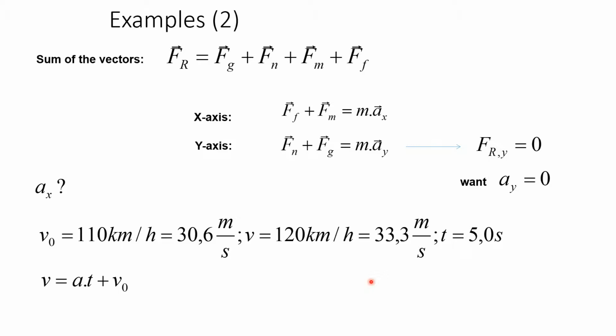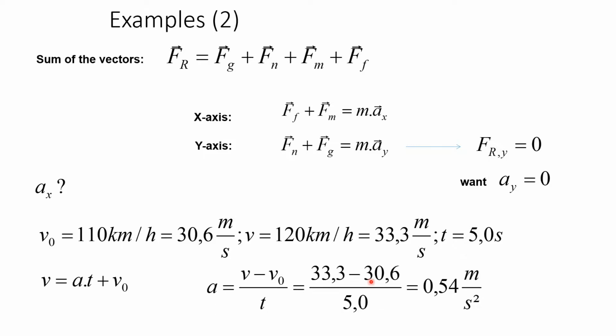Well, we go back to our kinematic formula, v equals a times t plus the initial velocity v0. So a is (v minus v0) divided by t, which is 33.3 minus 30.6, the difference of the two speeds, divided by 5, which means 0.54 meters per second squared as the acceleration.